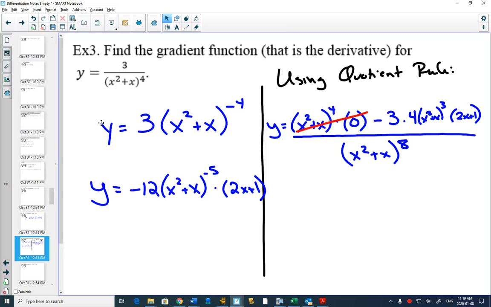Can you see that using your power rule is probably easier than using your quotient rule? How many people have the power rule already memorized? That one feels like you've known that one forever, right? Quotient rule memorized? Okay, yeah, maybe. So obviously method 1 is better in that sense because it's something that's more familiar.